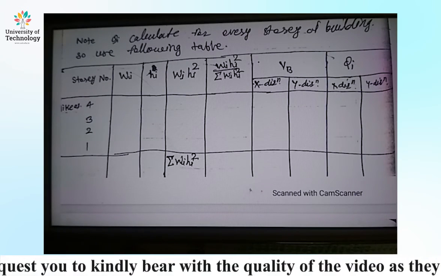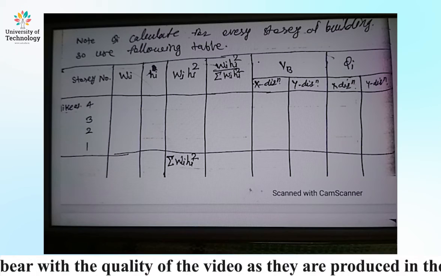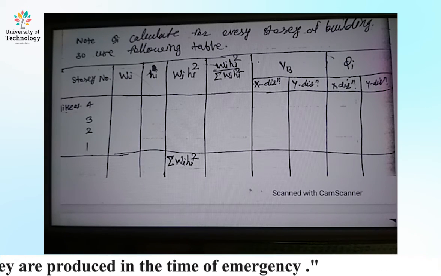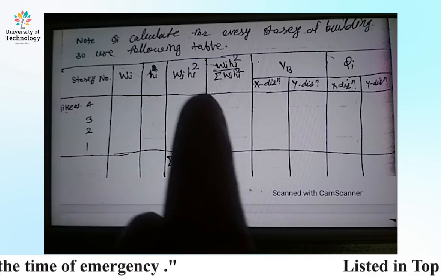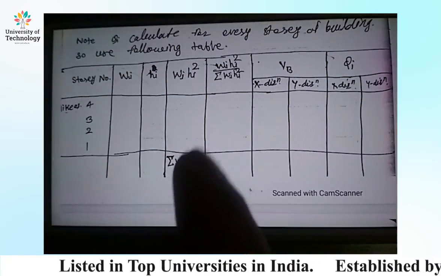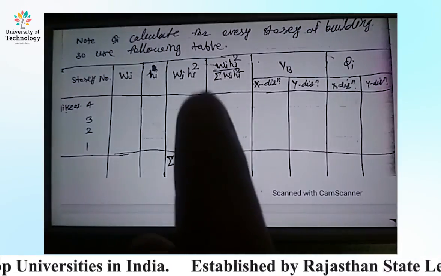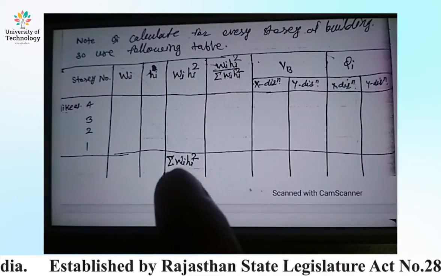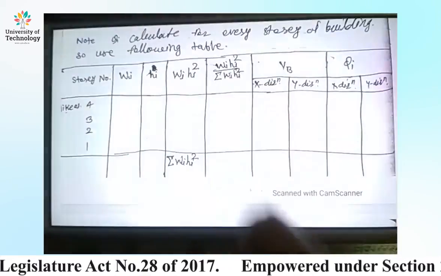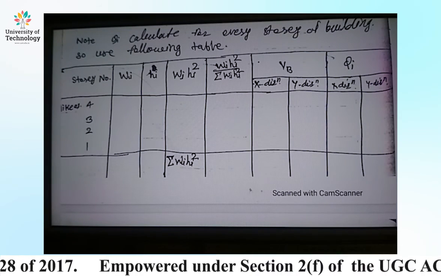This should be calculated for both x and y directions. From this Wi hi square we calculate the summation over all the stories, get the summation of Wi hi square, and then put it in this formula.